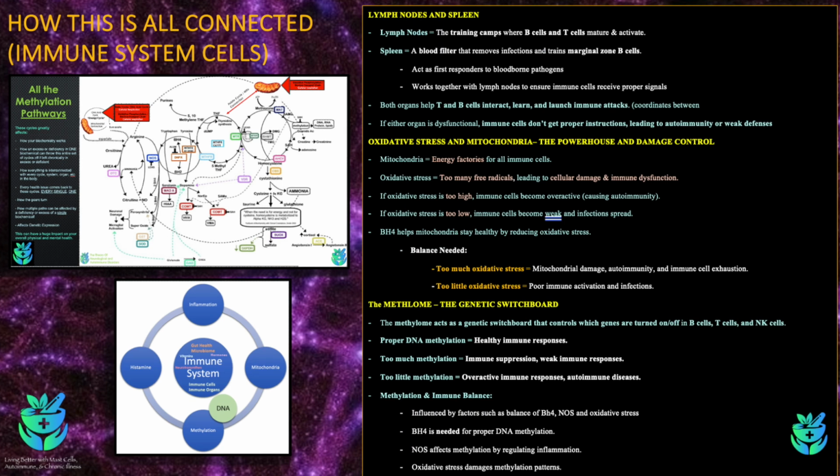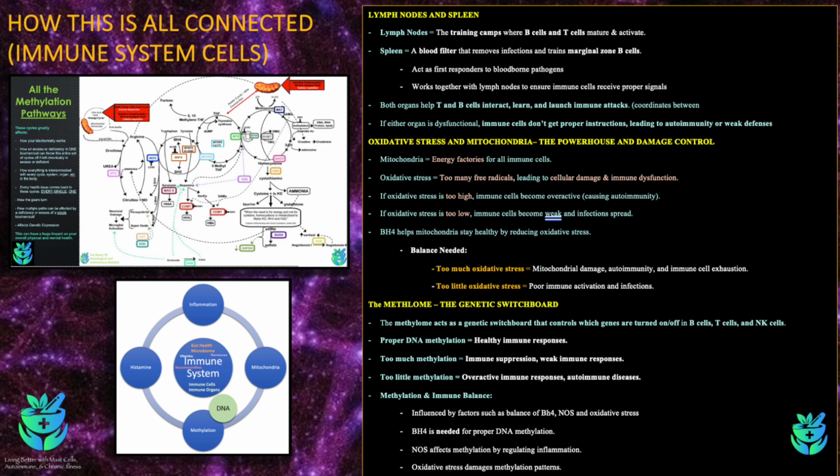Lymph nodes and spleen. The lymph nodes are the training camps where B cells and T cells mature and activate. The spleen is a blood filter that removes infections and trains marginal zone B cells. This acts as a first responder to blood-borne pathogens and works together with lymph nodes to ensure immune cells receive proper signals. Both organs help T cells and B cells interact, learn, and launch immune attacks.